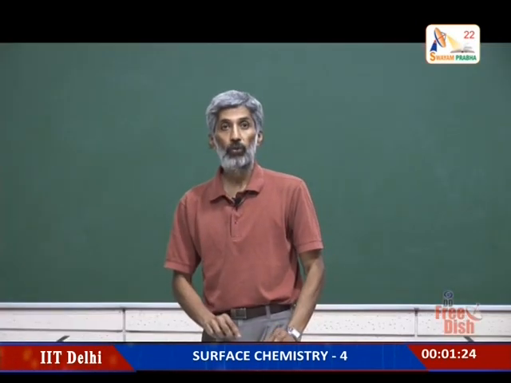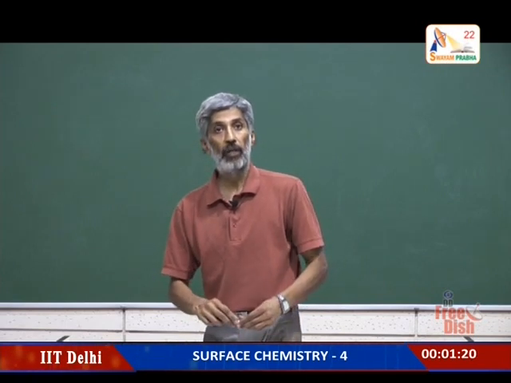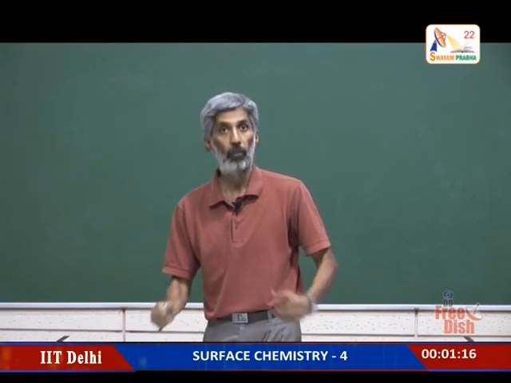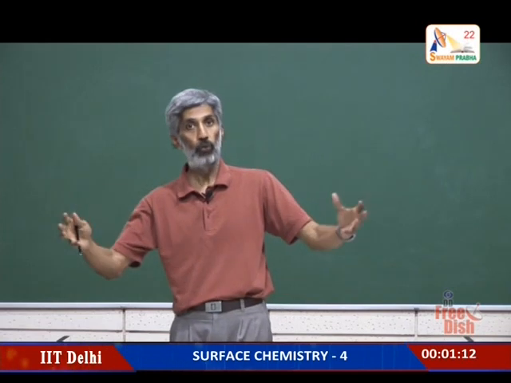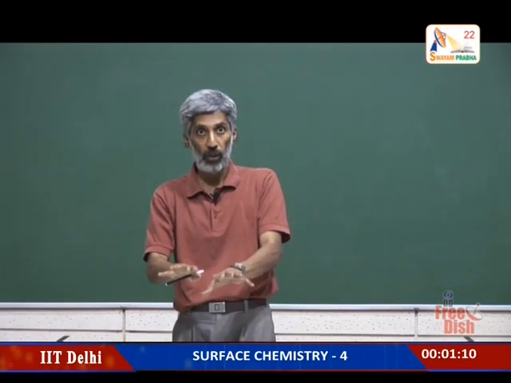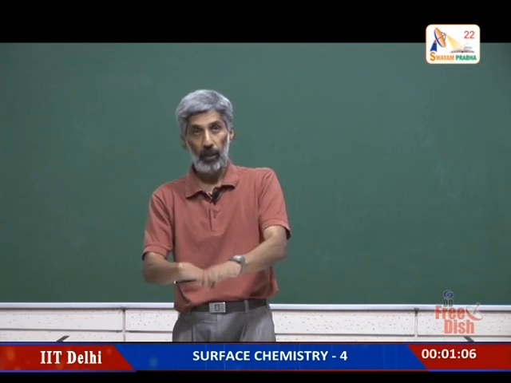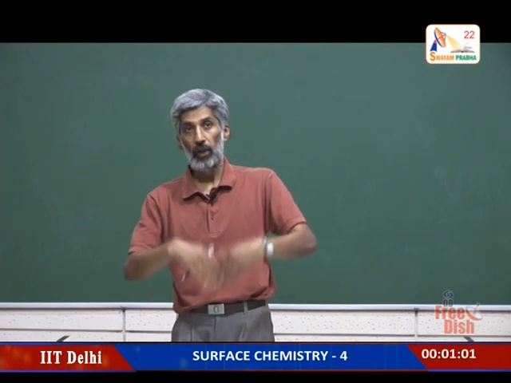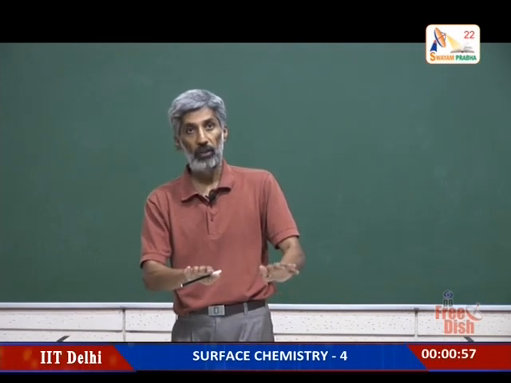So, with this I think I will close for the day. What we have looked at today is how a heterogeneously catalyzed reaction works. We discussed the Langmuir-Hinshelwood mechanism, where you have contact catalysis, where two reactants come and bind to a surface, and then there is a reaction on the surface, which means that although the activation energy is low, the number of collisions is also low, but they somehow offset each other.